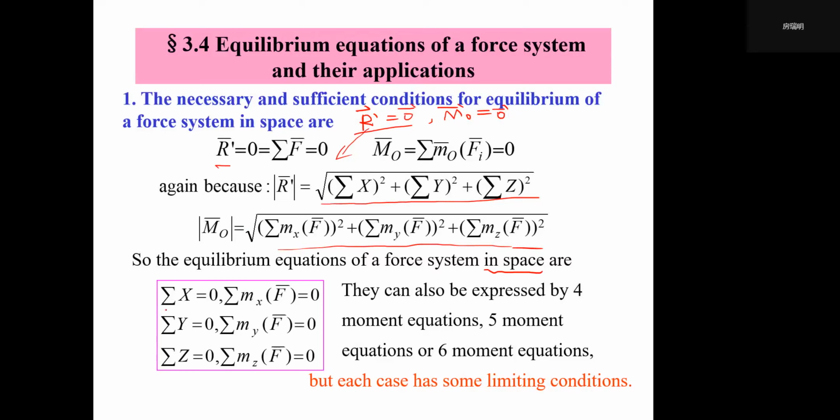So we have sigma Fx equals 0, sigma Fy equals 0, sigma Fz equals 0. Maybe I will explain further. If we see, R prime is a vector, it will have Rx i, plus Ry j, and Rz k.